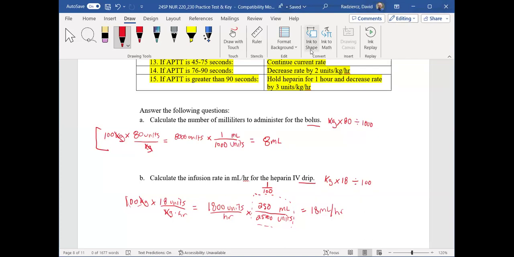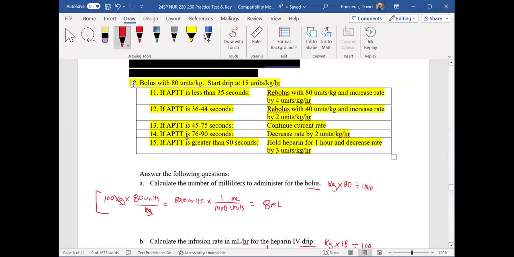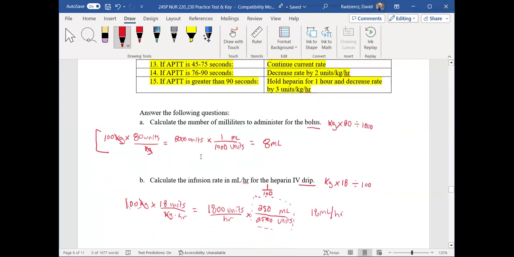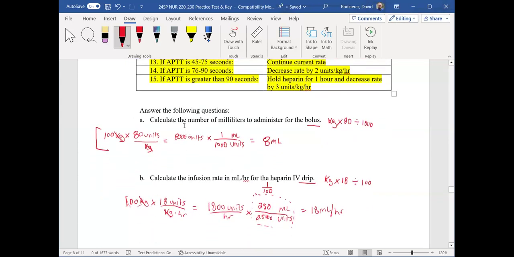Now, you may be wondering, well, what about these other steps, 11 through 15? I didn't cross them out. I didn't black them out. Why are you keeping those there? Well, I gave you as practice, but I think you're only going to see a question like this. This question is going to be two parts, part A, part B. It's most likely to be calculate the bolus and calculate the infusion rate.